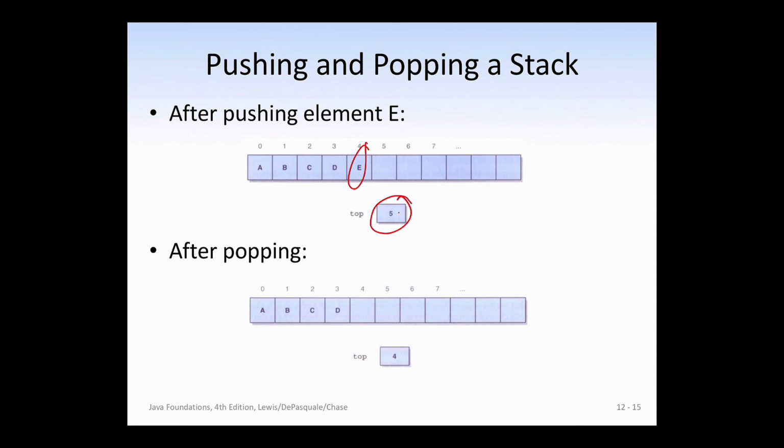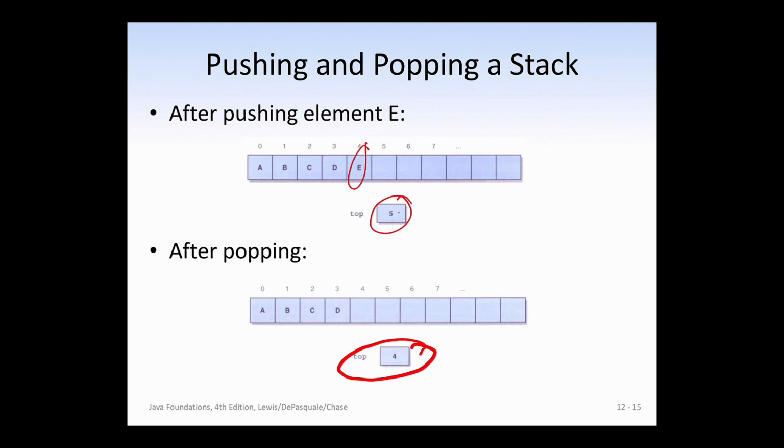And then if we do a pop, the top tells us that's where the next one goes, which means the top one must be 4. So we'll just bump that top back down to 4, which effectively removes E from the stack. Now we might not physically remove it, but by moving the top down and saying this is now the top of the stack, we'd be ignoring it.